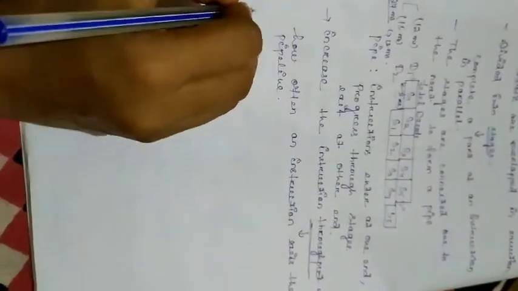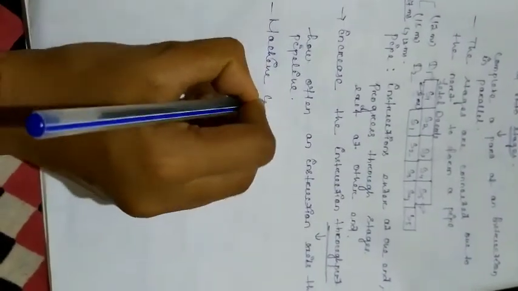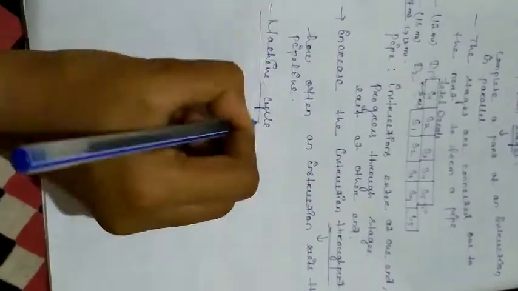Another one is the concept of machine cycle. What do we mean by machine cycle? Machine cycle is the time required to move an instruction one step further in the pipeline.